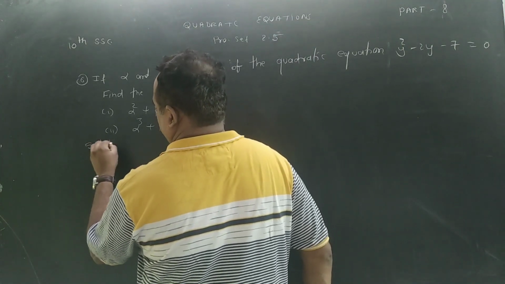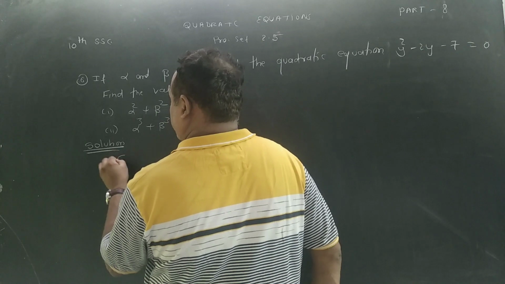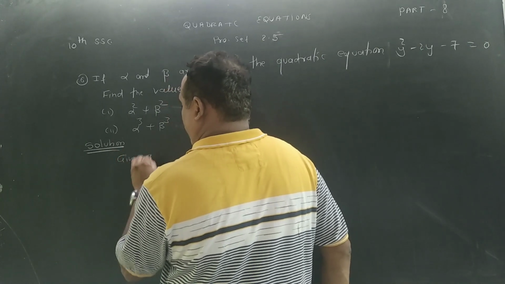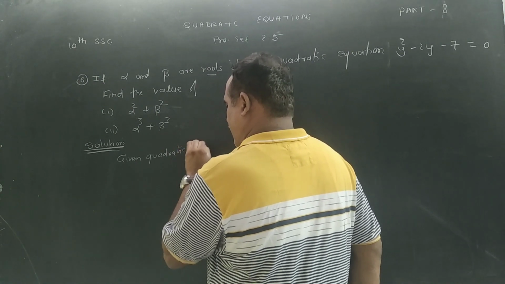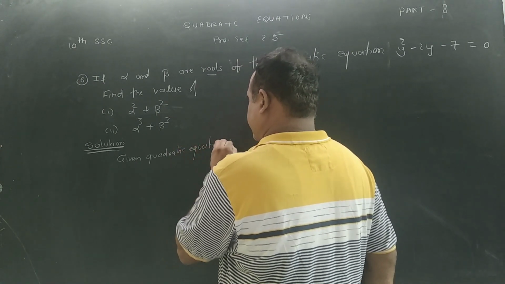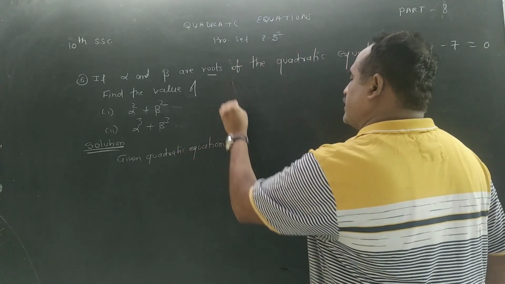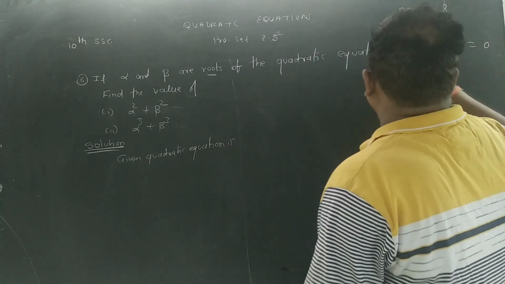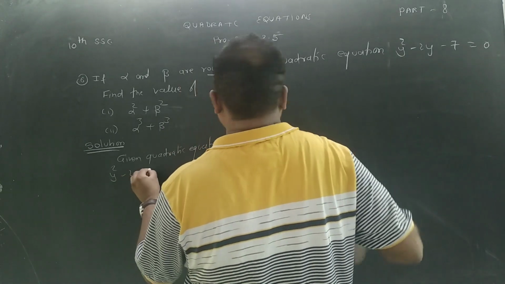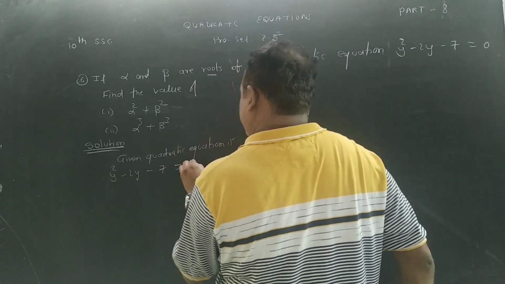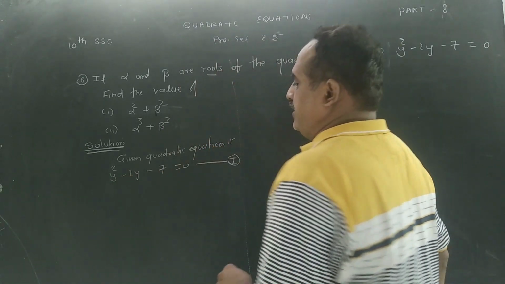Solution. Given quadratic equation, what is the given quadratic equation? It is y square minus 2y minus 7 is equal to 0, equation 1.